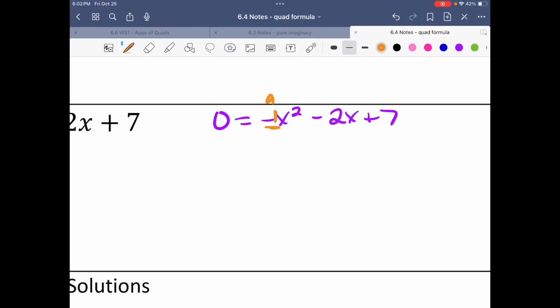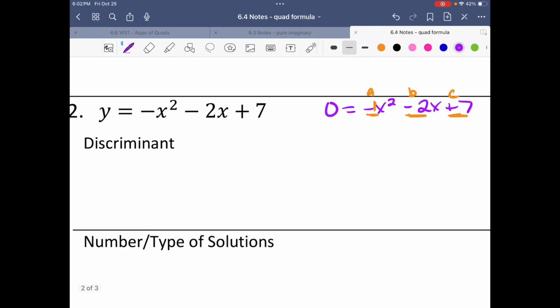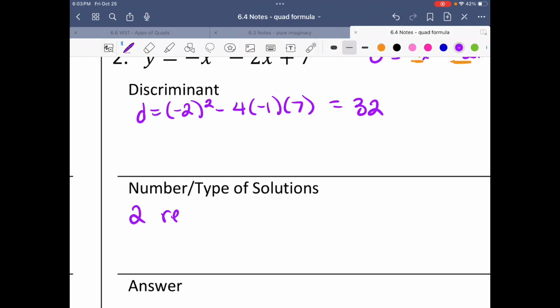Identify A, B, and C. There's A, there's B, there's C. Discriminant, B squared minus 4AC. 32. Positive but not a square. So 2 real and irrational solutions.